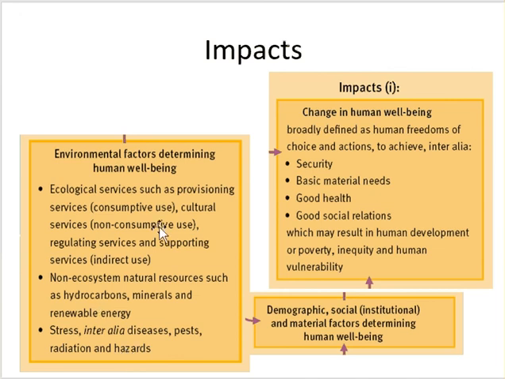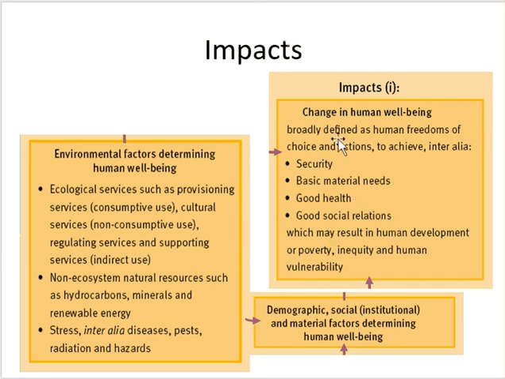All right. So these changes in these ecosystem services are going to impact on human well-being. So we can take a look at how these changes in ecosystem services change security, access to basic material needs, good health, good social relations.